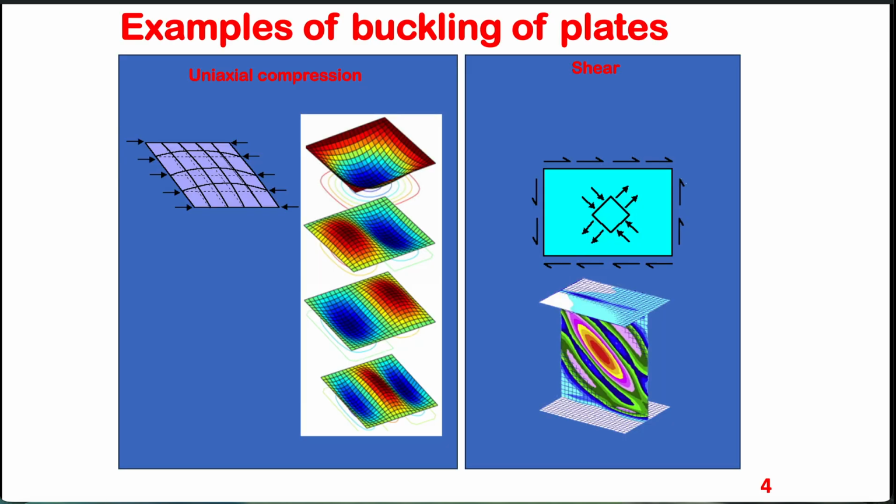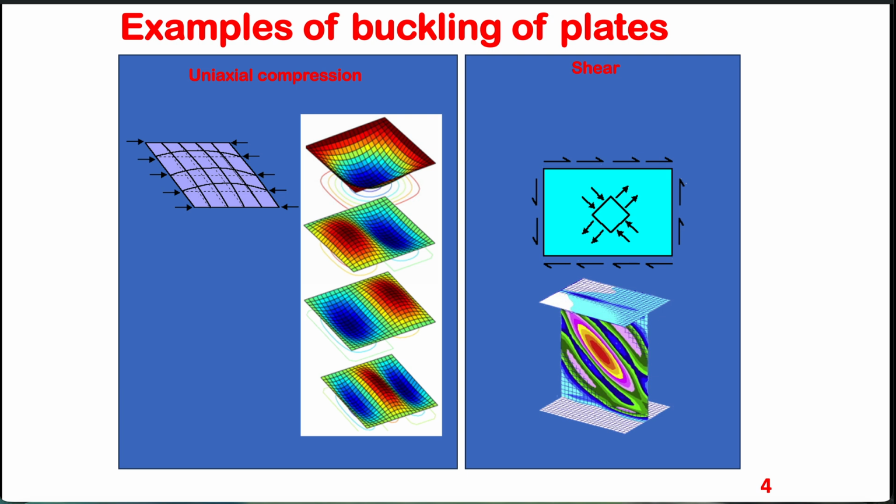There are a couple of examples of buckling. If you have uniaxial compressive loads like this one, your plate buckling is going to look like this. Depending on the mode of buckling, we have already discussed the different modes of buckling. The idea is there will be these types of patterns available if you apply a uniaxial compression.